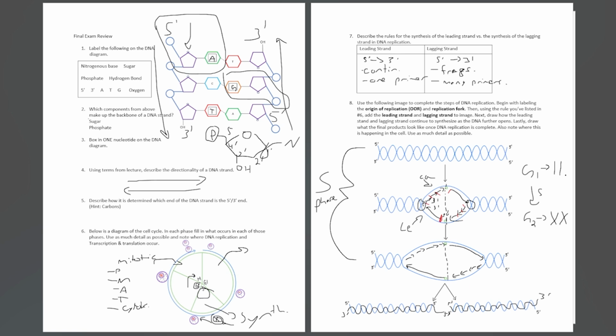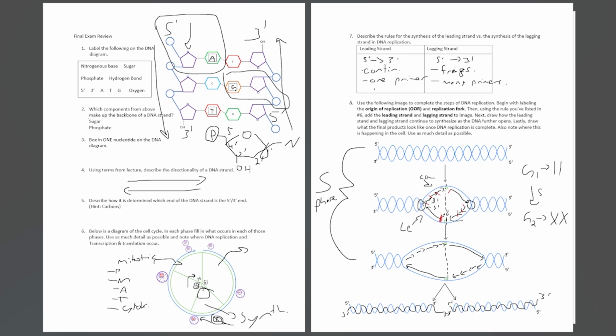They're not identical, right? So this is a pair of homologs. Homo meaning same, log meaning logic. These are homologs of each other. They're not the same, but they're similar. This is one chromosome, and this is one chromosome, right?